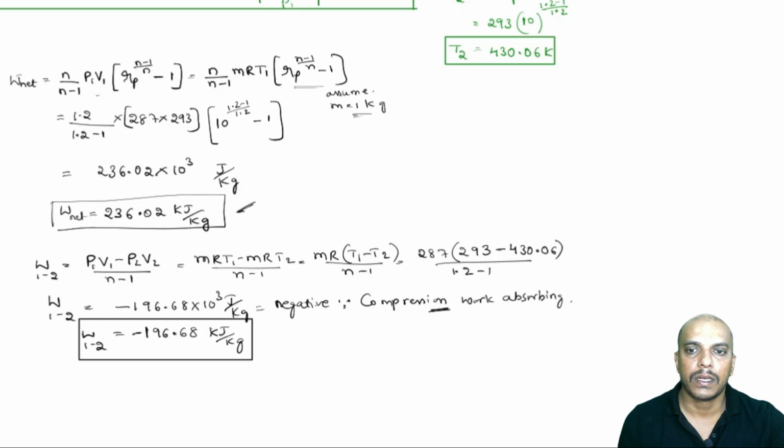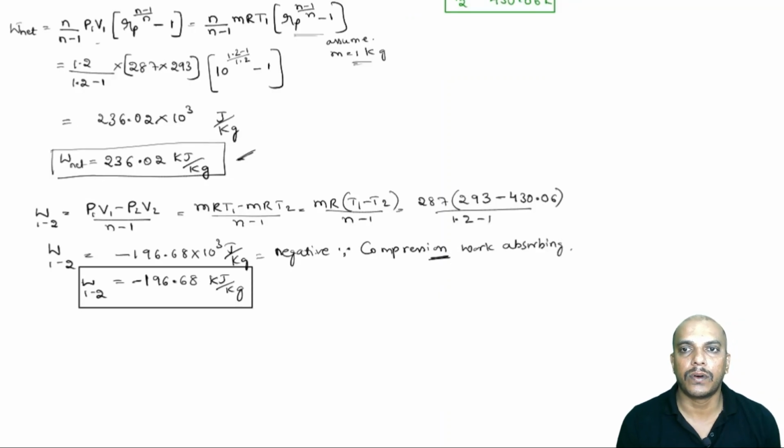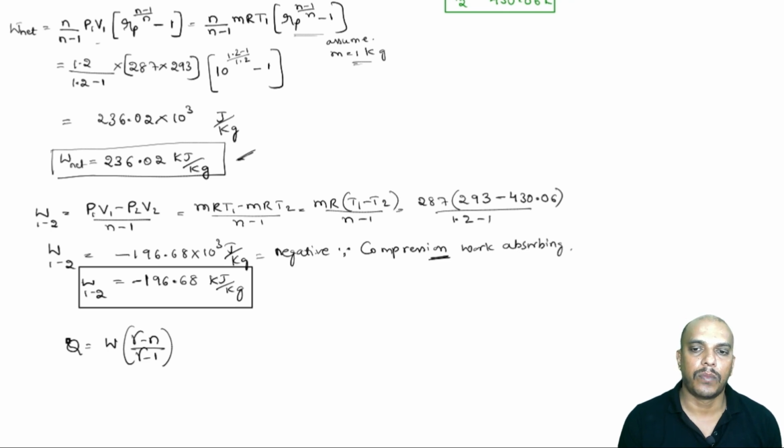Now let us go to the last part, where we are asked to calculate Q. For a polytropic process, Q is given by W into gamma minus n divided by gamma minus 1. This comes from our basic thermodynamics knowledge. For a polytropic process, the heat transfer is calculated using this expression.